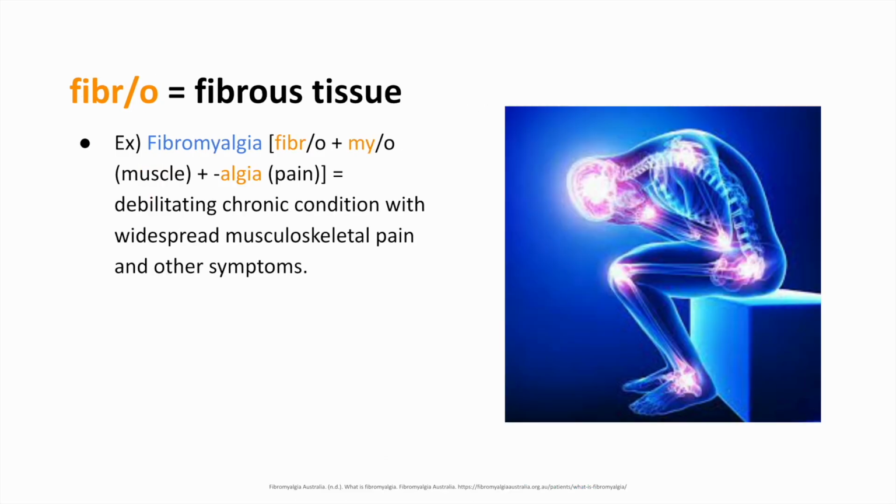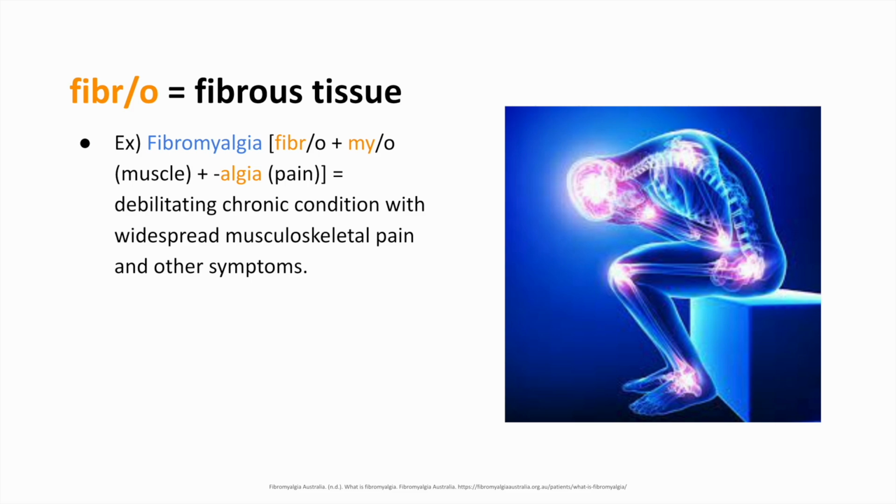Fibro is a combining form that means fibrous tissue. So fibromyalgia is one example. Fibrous tissue, myo we covered as muscle, and the suffix algia means pain.